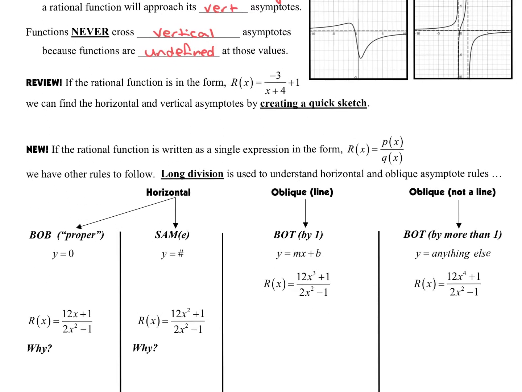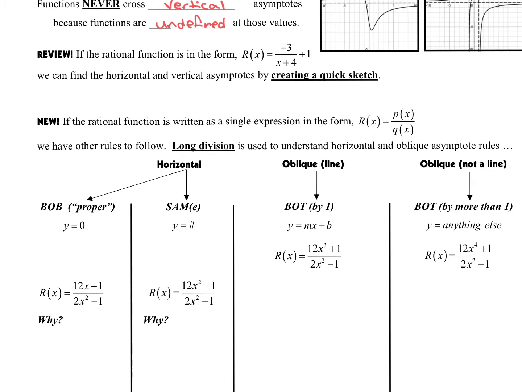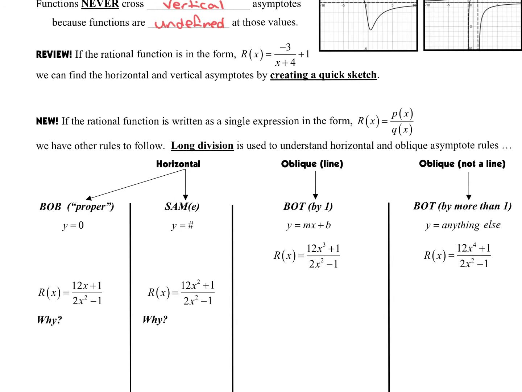Now, before I get into these new rules, it's really important to remind you of this review idea because students forget this a lot, okay? If our rational function is in this form that we've been working with since our Algebra 2 days, we can actually visualize a really quick graph of this using our transformation. So it's been shifted left 4 and up 1.